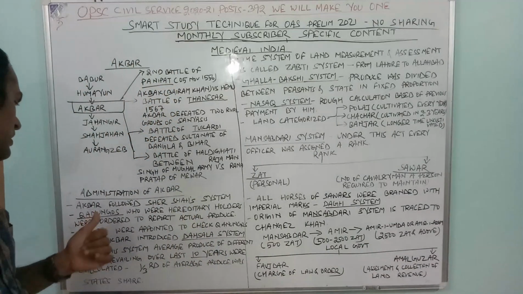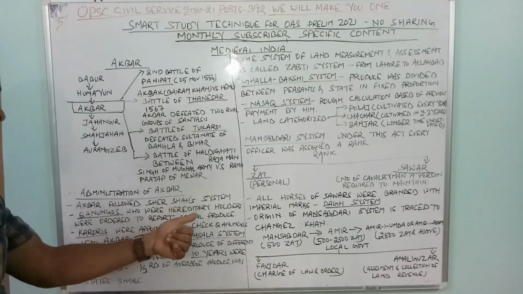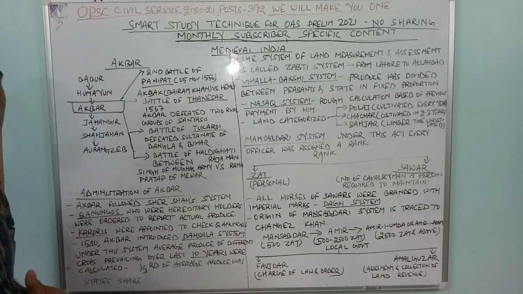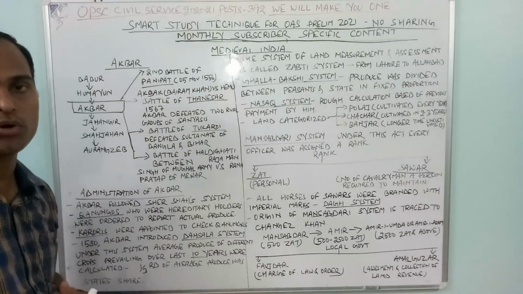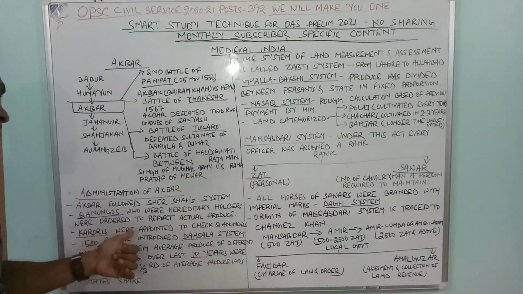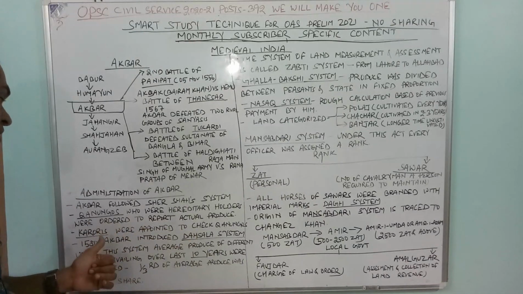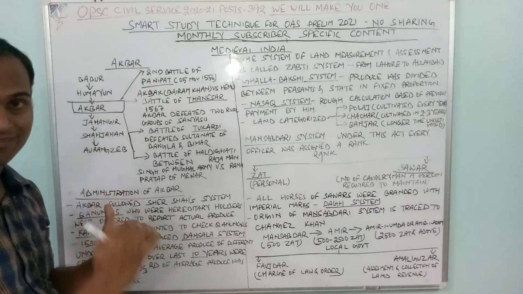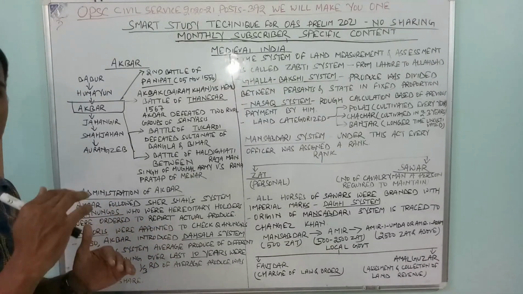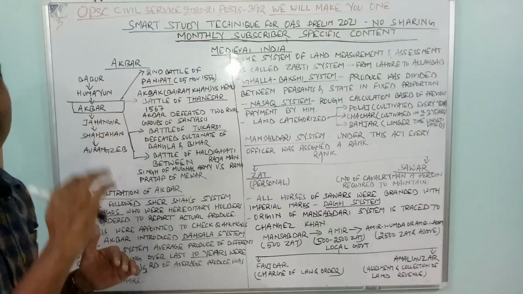Kanungos, who were hereditary holders, were ordered to report the actual produce. Then Karoris were appointed to check the Kanungos. There were Kanungos at the bottom of the assessment, and above the Kanungos there were Karoris.